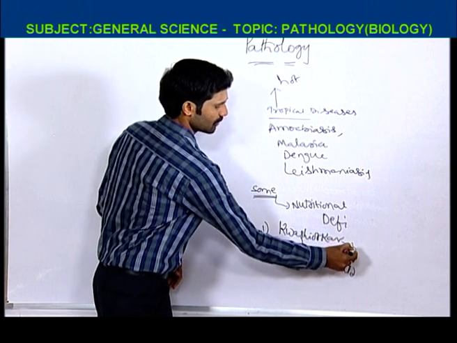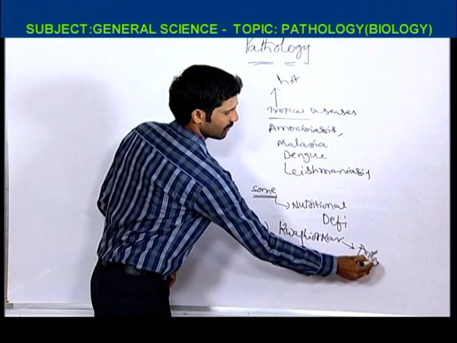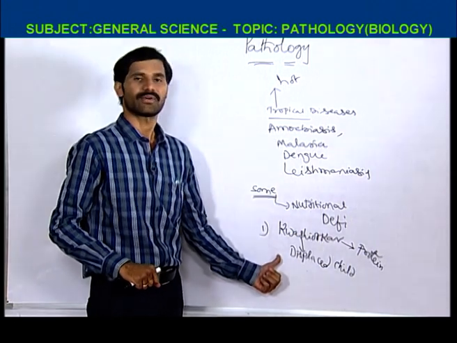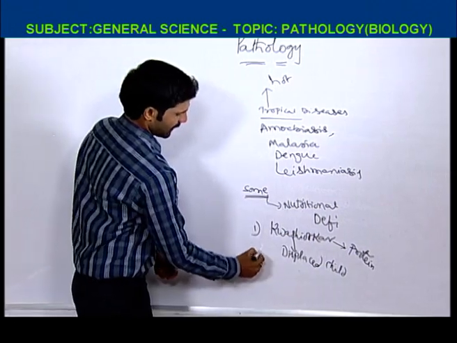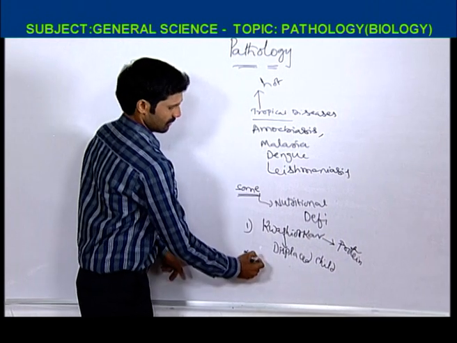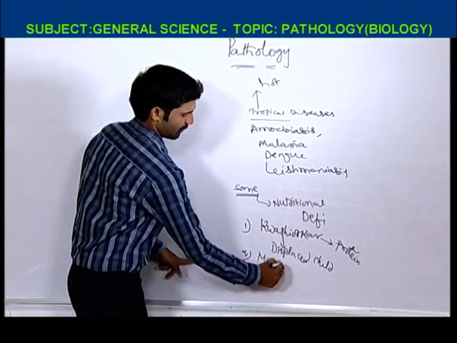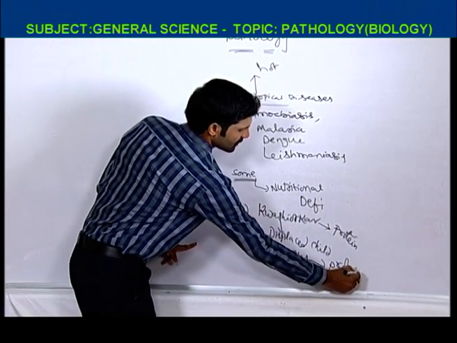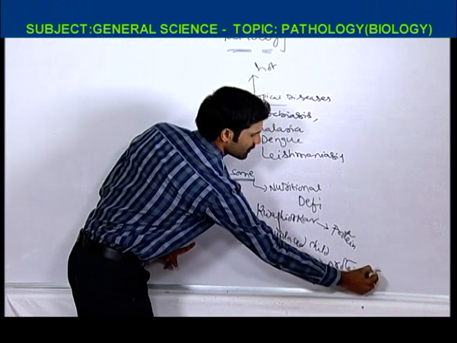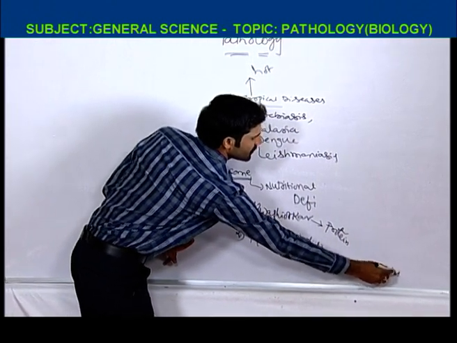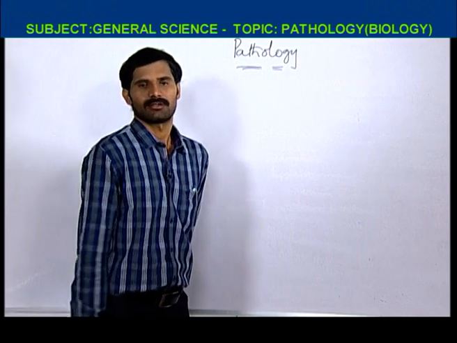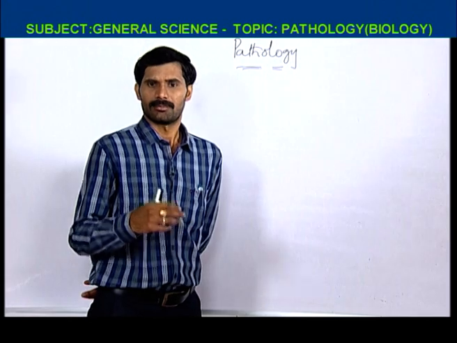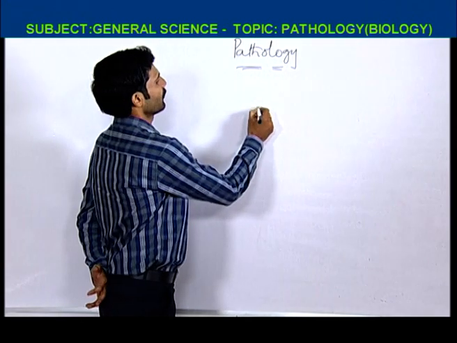Due to protein deficiency, it leads to kwashiorkor. And the second nutritional deficiency disease is marasmus. Marasmus is a protein and calorie deficiency disease.